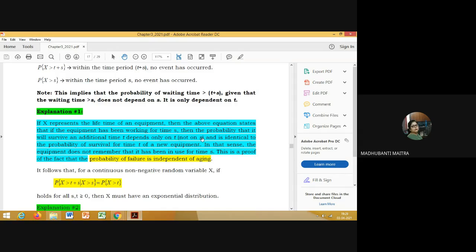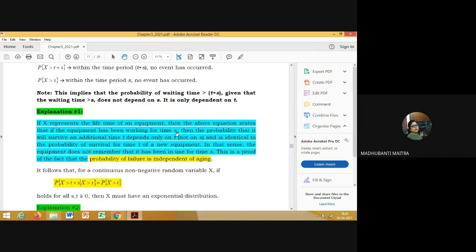Though the equipment was working for a time s, what is the probability that it will survive an additional time t? But we find that the probability doesn't depend on how long it was working.